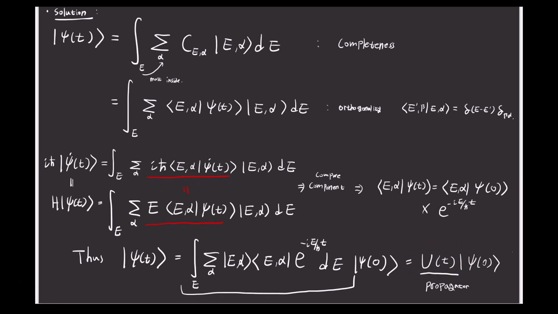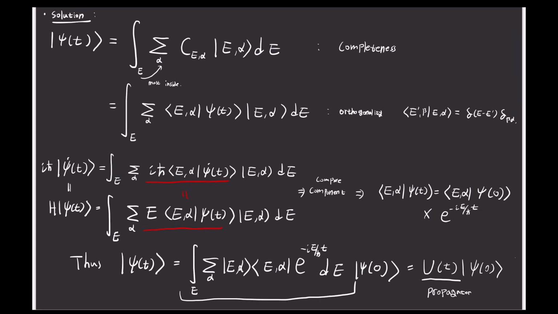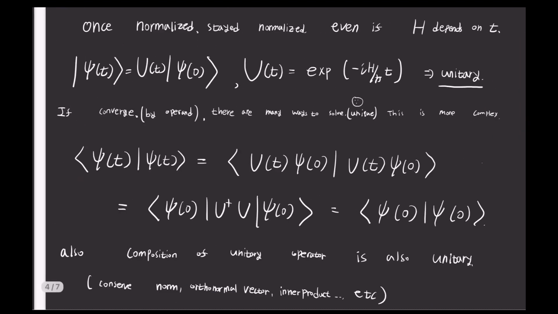And we can rewrite this part as a unitary operator. And physicists call this unitary operator the propagator because it looks like propagating the initial state vector to the state vector at some time t. We can get very important features of the Schrodinger equation solution.